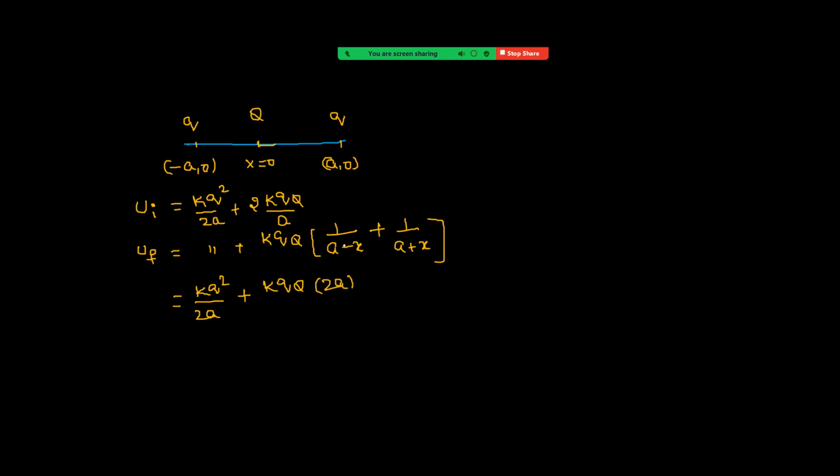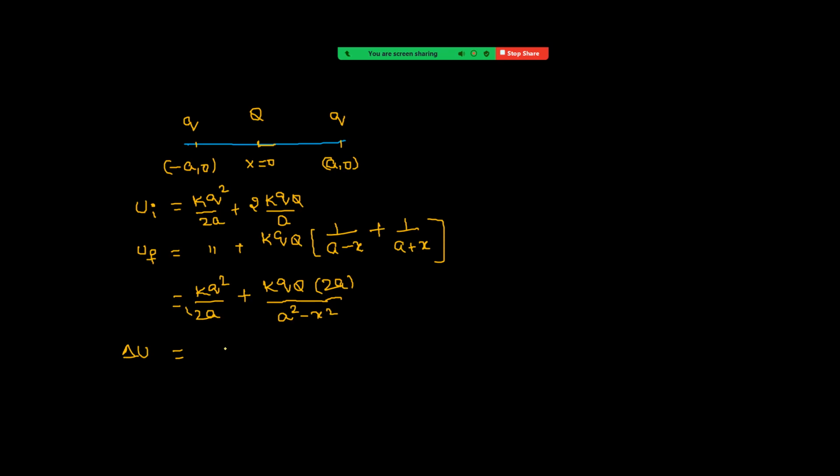Check it once: a plus x, a minus x, 2a by a square minus x square. This is now the final value. Okay. Now we want to calculate the change in potential energy. Delta U value, when I'm taking the difference, this value and this value both will cancel. Remaining is now only 2kq by a and this value, right?